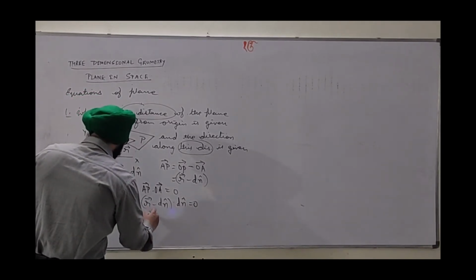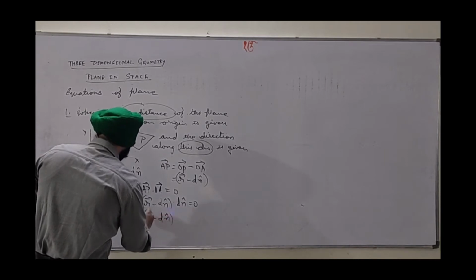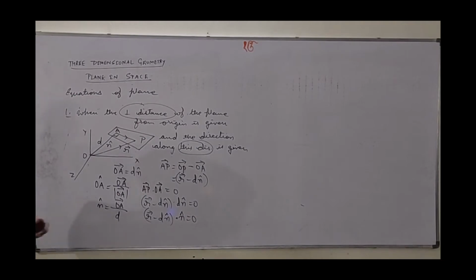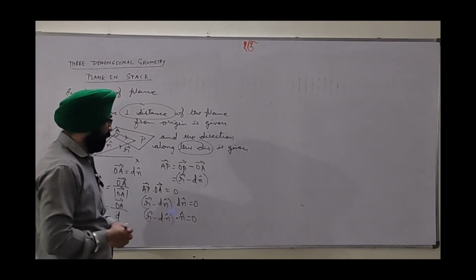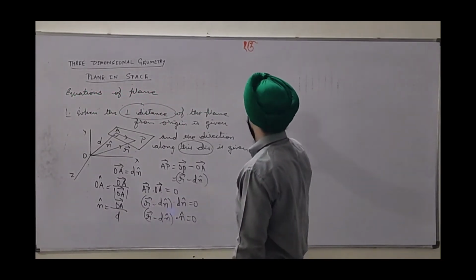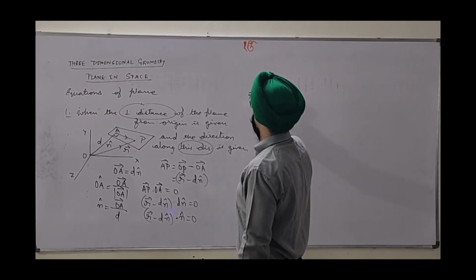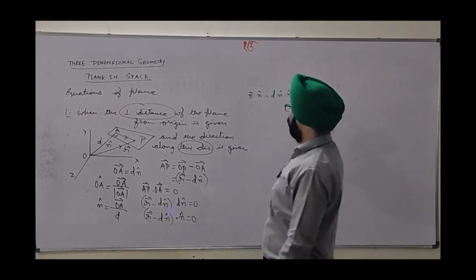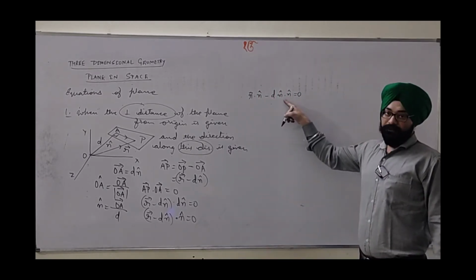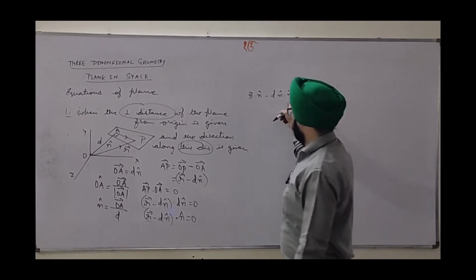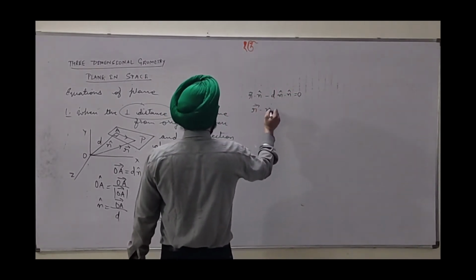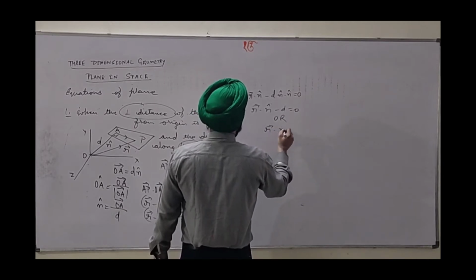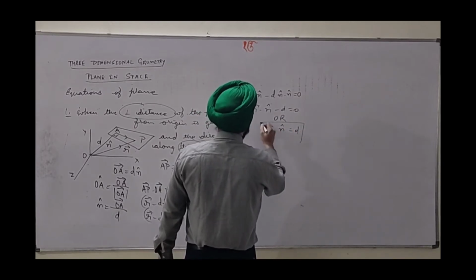We have (r minus d n cap) dot n cap equal to 0. This n cap can be distributed by the properties, and now we have r dot n cap minus d n cap dot n cap equal to 0. A unit vector taken dot with itself gives 1. So we are left with r dot n cap minus d equal to 0, or we can say r dot n cap equals d.